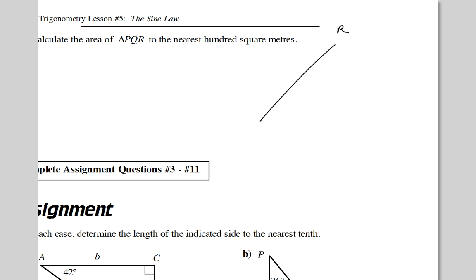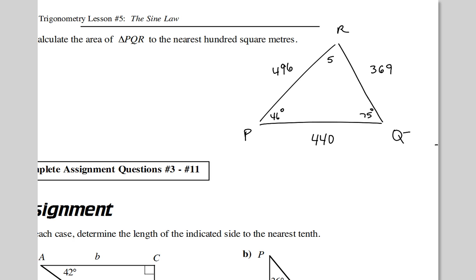R was up here. P is here. Q is here. So we had a 440 down here, a 496 here, and a 369 there. This was 75 degrees, 46 degrees, and that was 59. I'm just copying from the last page. We did all this work already.